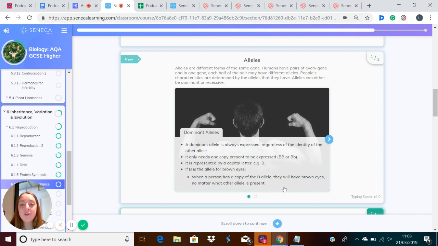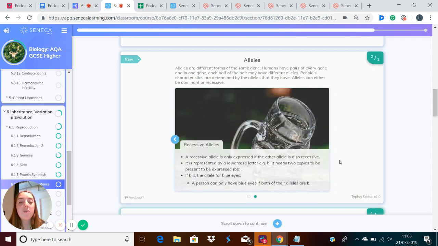So for example, if capital B is the allele for brown eyes, when a person has a copy of the dominant B allele, they will have brown eyes, no matter what other allele is present. A recessive allele is only expressed if the other allele is also recessive, so if there are no dominant alleles present. When we write this down, we write it as a lowercase letter, for example, little b. So you need two copies of that for it to be expressed.